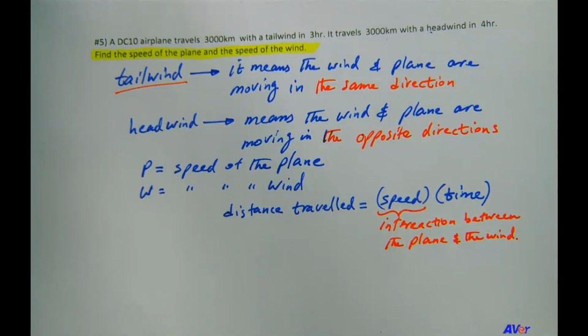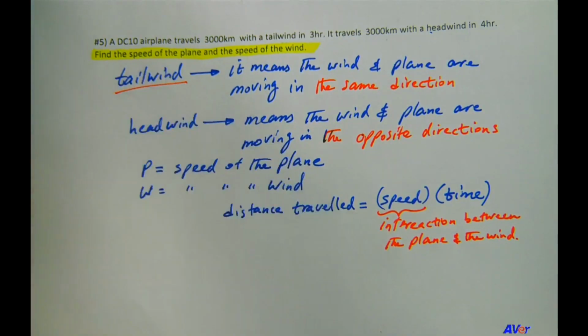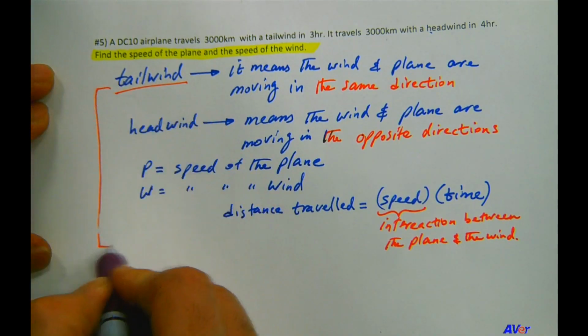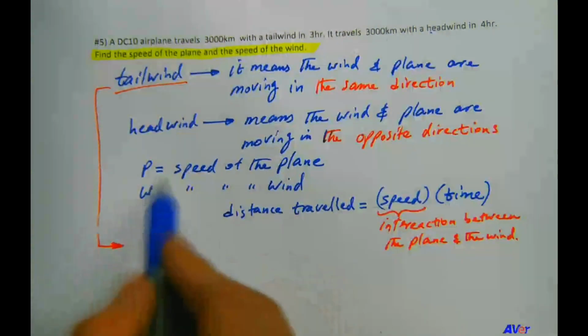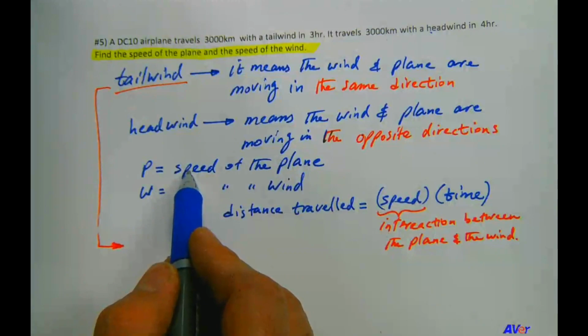Okay? So, when the plane was traveling with a tailwind, that's when the wind speed and plane speed were working together, right?